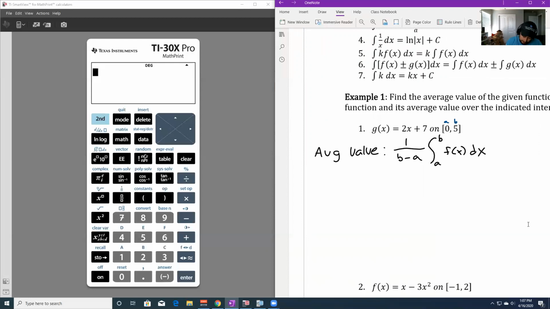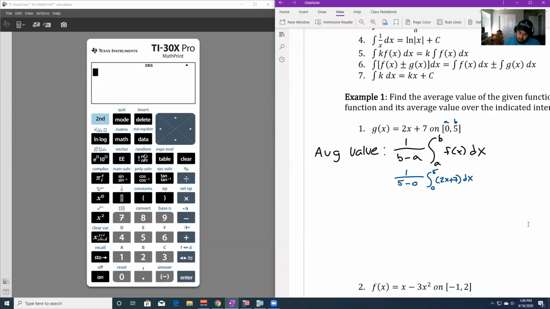Now when I set this integral up, we're going to get 1 over 5 minus 0 times the integral of 0 to 5 of 2x plus 7 dx.